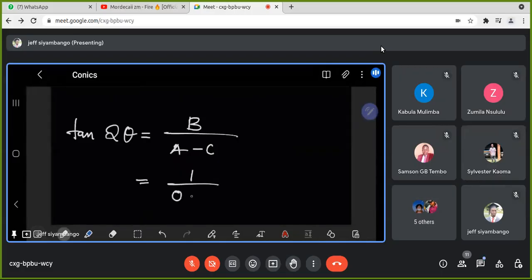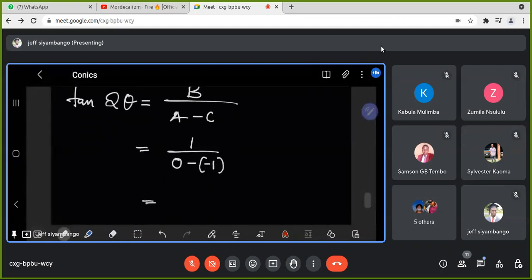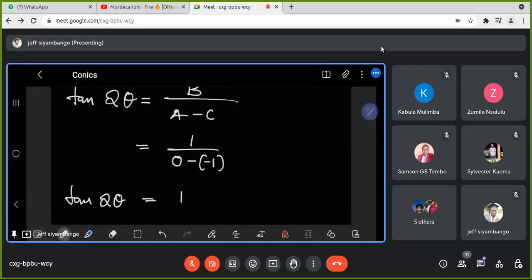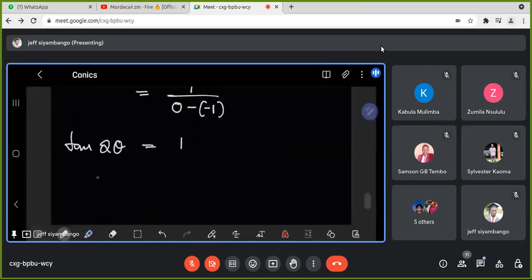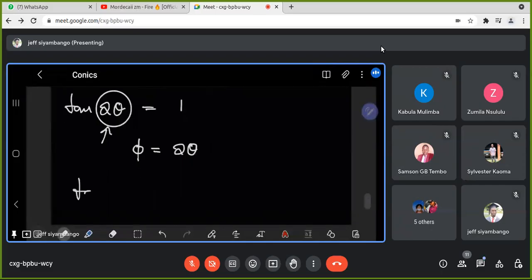So you have 0 minus minus 1, so that this ends up being equal to 1. So now, tan 2 theta is equal to 1. We want to know what this angle must be so that tan of this angle gives us 1. We can redefine this angle and say this is phi, where phi is equal to 2 theta, so that now tan phi is equal to 1.